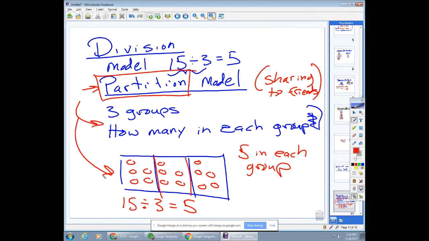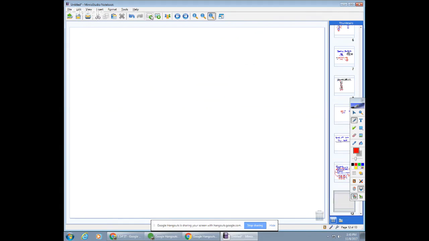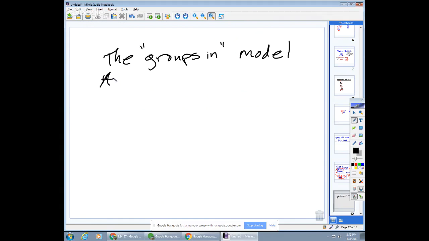All right. There was another model I gave called the groups in model. This is also known as the set model, which I never really liked that name because the partition model is also a set model, but it's just a different kind of set model.